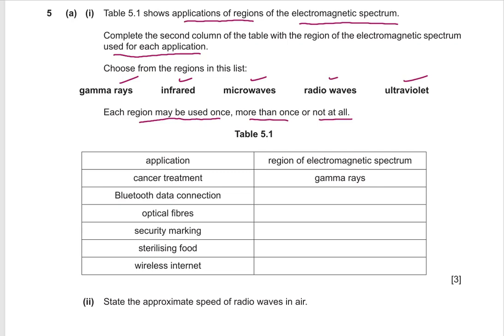I hope that you memorize the use of the regions of electromagnetic spectrum. We know already Bluetooth connection. Which one do we use for that? I hope you know we use radio waves. Here we put radio waves. Optical fiber, we use infrared. Security marking, it is ultraviolet.